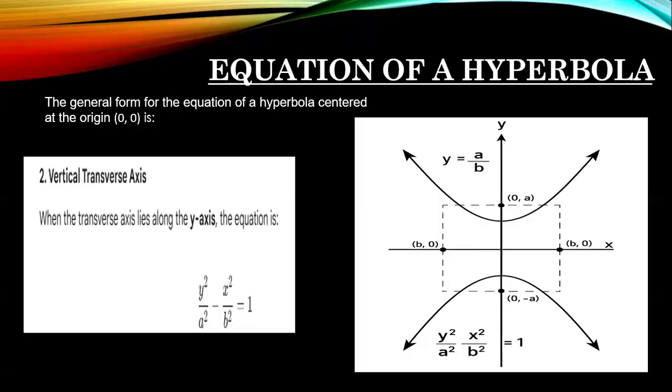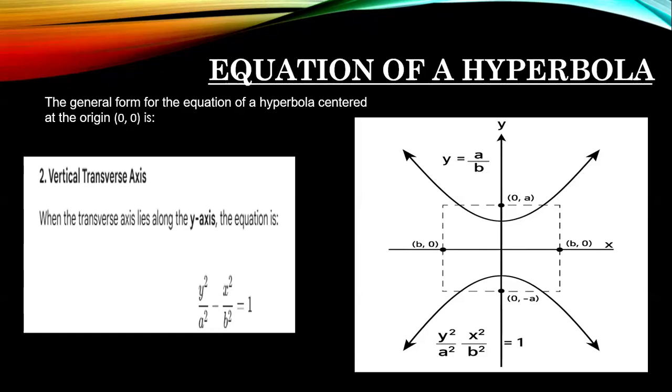If you look at the opening, it opens upwards and downwards. So this tells us that our transverse axis is vertical along the y-axis, and this is why our y squared term is positive.